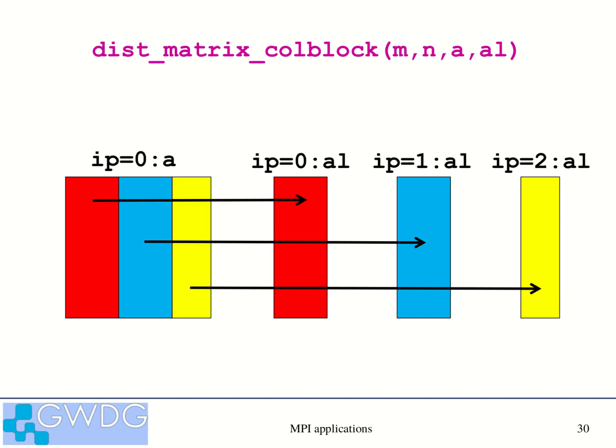So we just have to send n times nl elements to process 0, and then starting at this address, we have to send from process 0 n times nl elements to process 1, and process 1 will store them locally in its local column matrix starting at column 0.